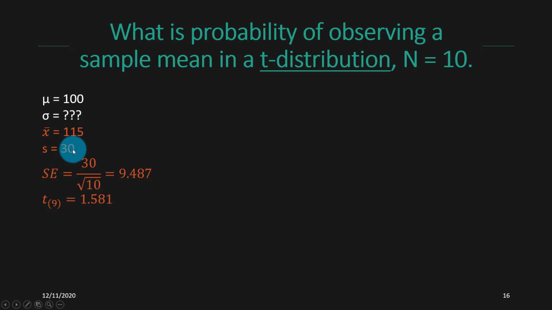And again, this is a sample of size 10, so we can use that to calculate a standard error where we take s divided by the square root of n. That works out to be about 9.5. And then we can take the difference between the mean in our sample and the mean in our population, and we can calculate a t observed. So the t observed for 9 degrees of freedom here is 1.581.